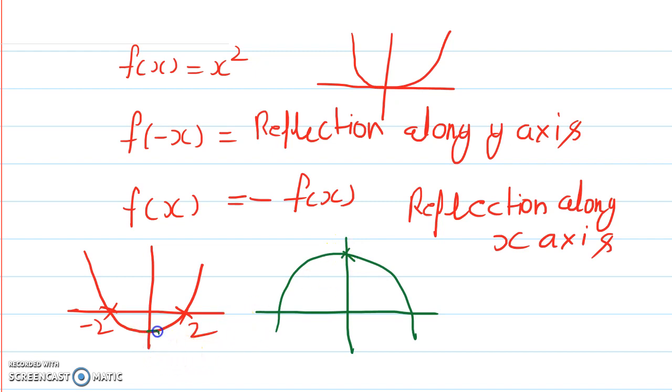It was 0 and 4, suppose, now it will be 0 and minus 4. And this is minus 2 and this is 2. In the case of reflection along the y-axis, it will remain the same, so you will get the same thing, and here it will get reversed.